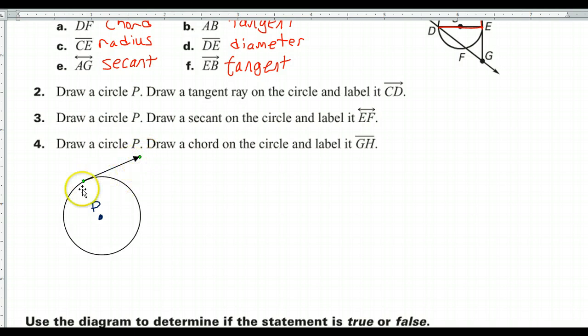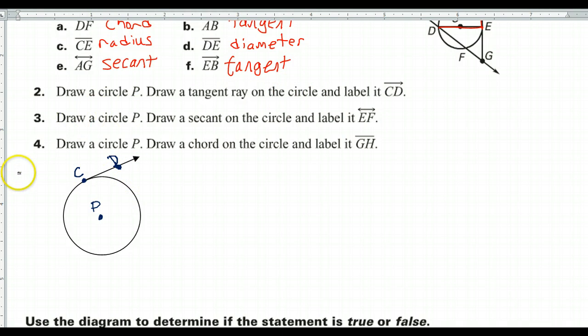Okay, so that's a ray, and it's just intersecting at one point, so that makes it a tangent ray. If it's going to be ray CD, that means the end point of the ray has to be C, and then it has to pass through point D. Okay, so there it is.